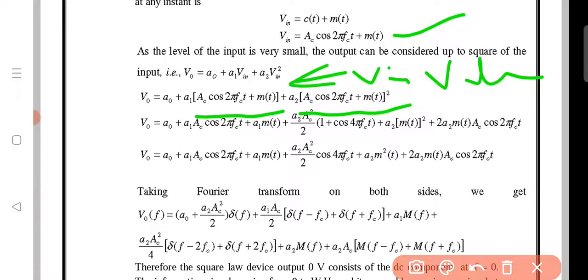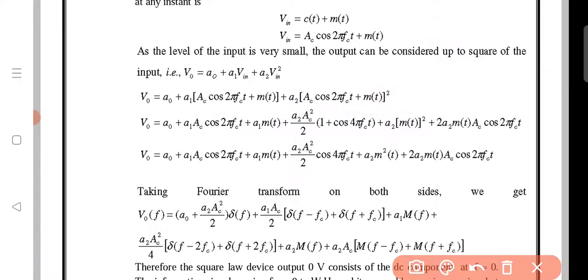In order to expand these equations using cos laws, here a naught plus a1 Ac cos 2 pi fct plus a1 m of t plus a2, here use the cos square theta formula.